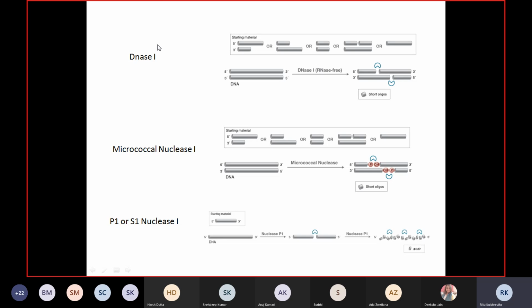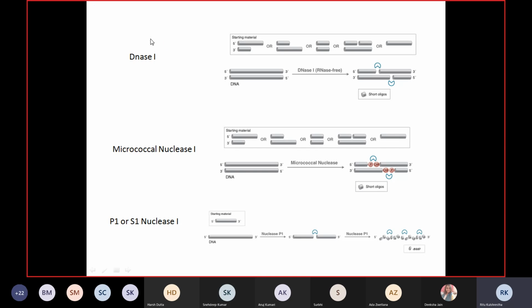DNase I is always used if you have to remove contaminating DNA from an RNA preparation. Let's say you are isolating RNA. It's not always that you will completely miss out on DNA in your RNA preparation. There will always be some contaminating DNA because finally you are lysing the cells and then isolating your nucleic acid. So how do you remove that contaminating DNA?